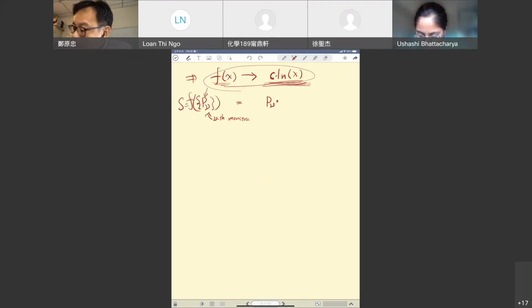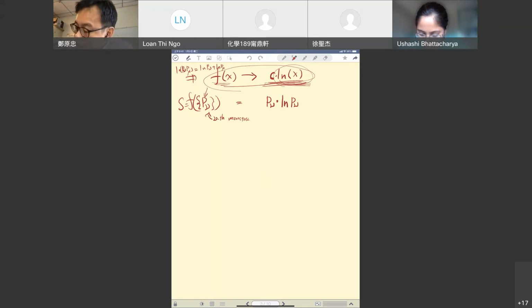And we say this something must be natural log P nu, because we want natural log of P nu P mu to become natural log P nu plus natural log P mu to have this additive condition.